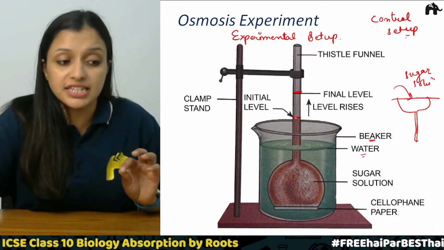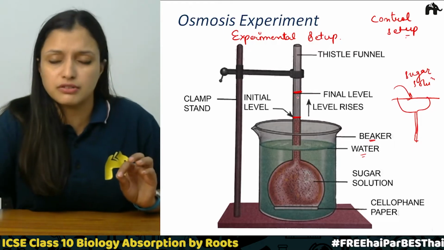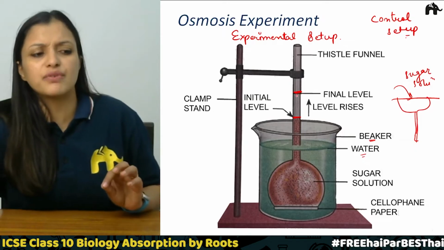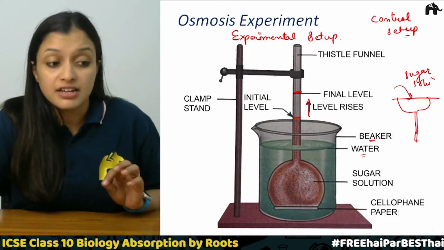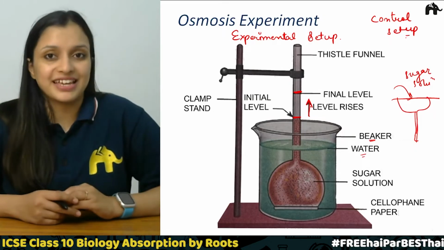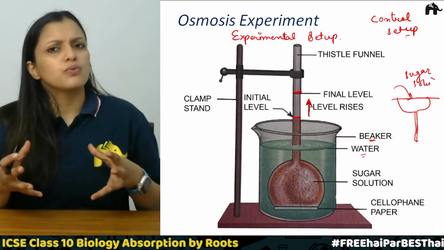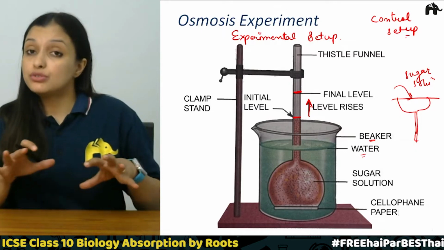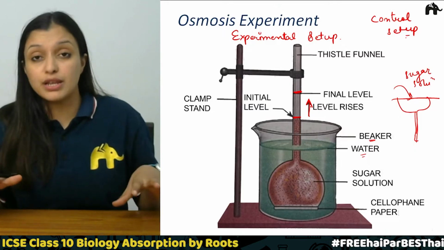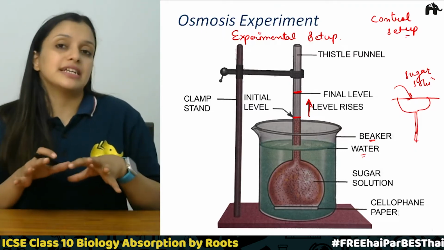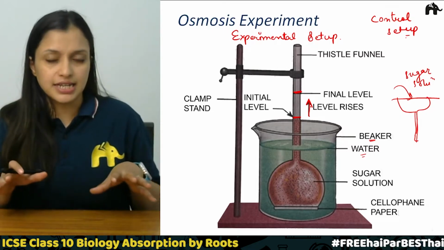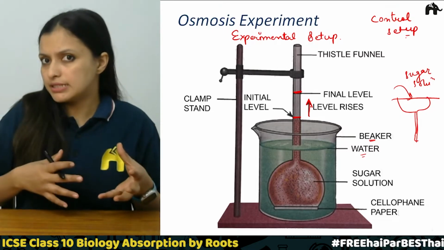So this was the initial level, and now the final level is going to be somewhere like this. The level rises basically. Correct? Now in the case of the control setup, what will happen? There will be no change in the level of the solution inside the thistle funnel. Correct? So this is what happened inside the thistle funnel.